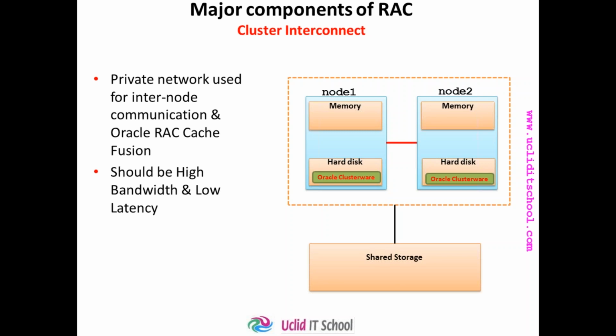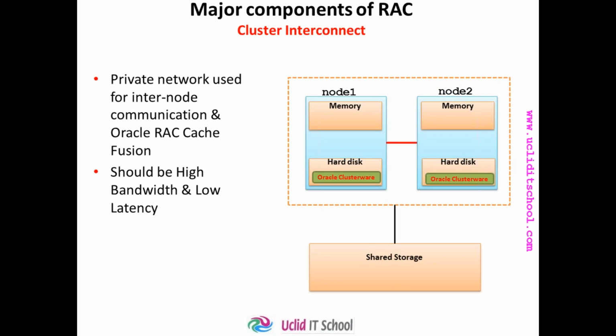Okay, so that is the concept of cache fusion. A data block in one instance's cache can be transmitted to another instance's cache over the private network. So for that also RAC uses interconnect.